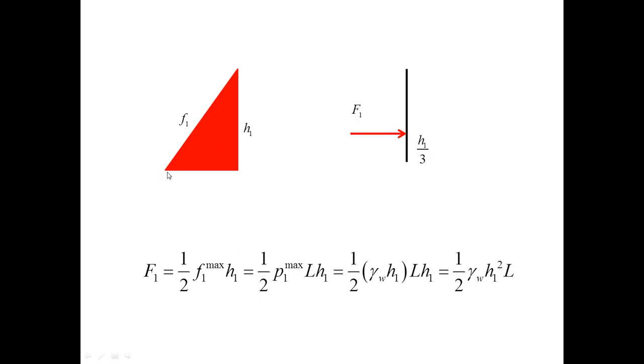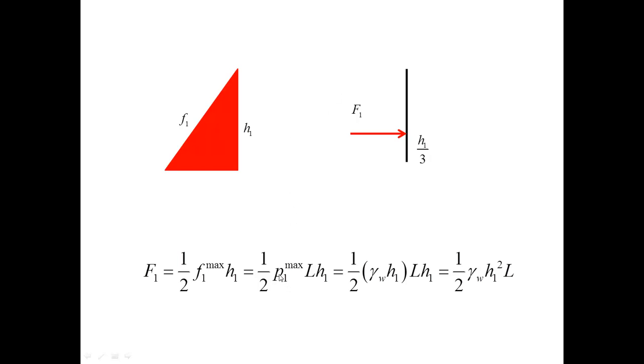F1 could be calculated as the pressure times length. So F1 is the force per unit length in this direction, and the pressure per unit length in this direction generates this force by multiplying pressure times the corresponding area, which is the unit length in this direction times the length in the direction perpendicular to the picture.